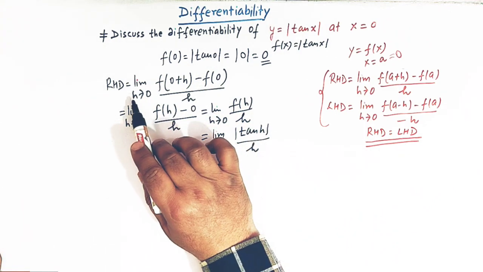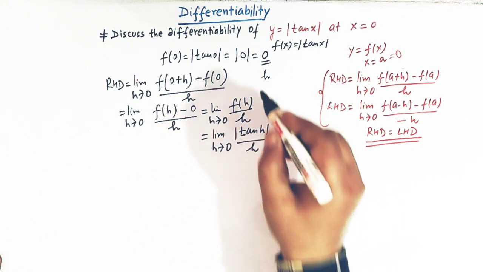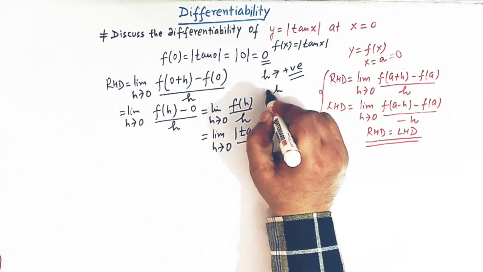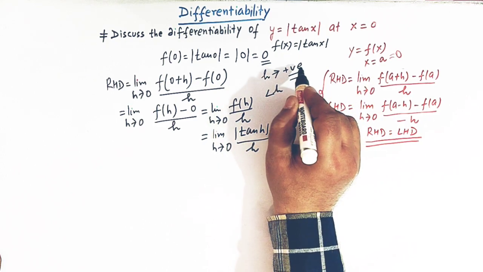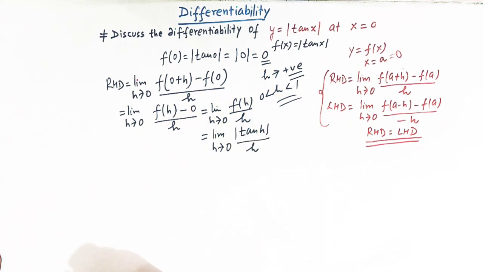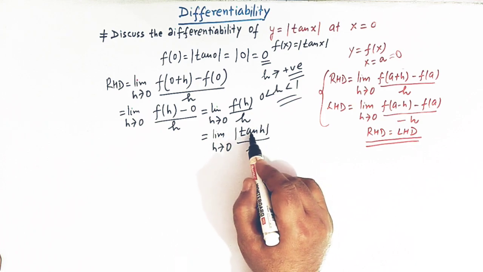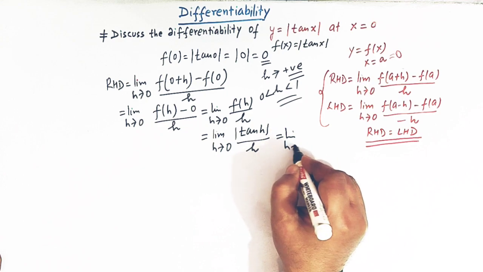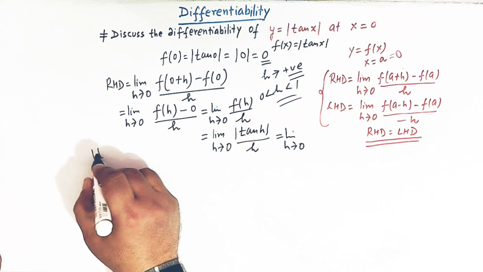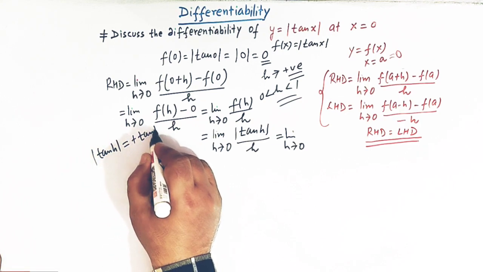Now see, this quantity h is infinitesimally small and positive, and it lies between 0 and 1, right? So mod of tan h, using the definition of the mod function, is simply positive tan h.